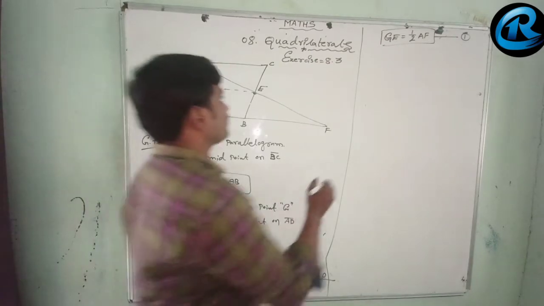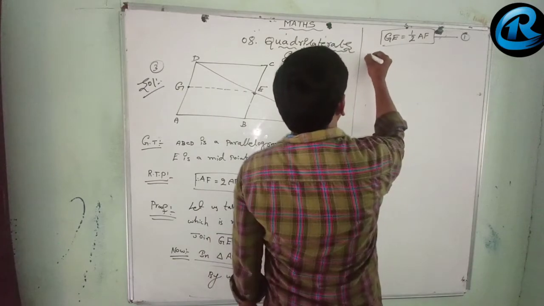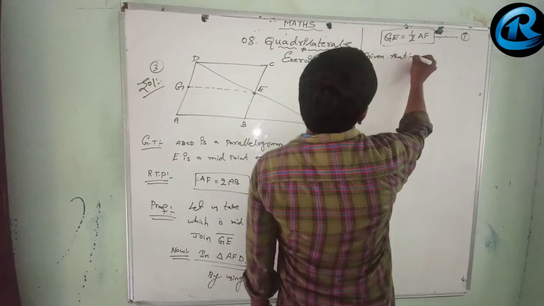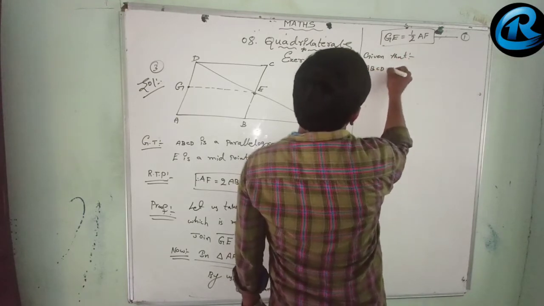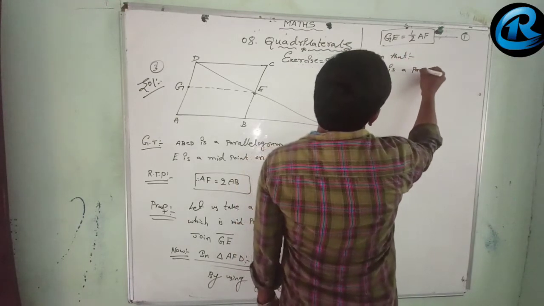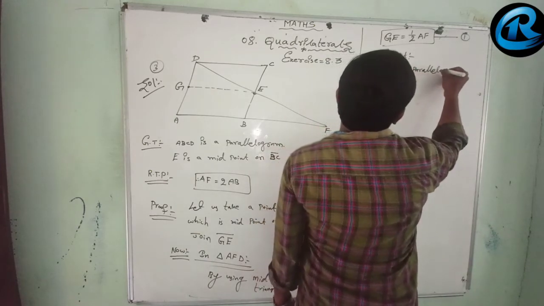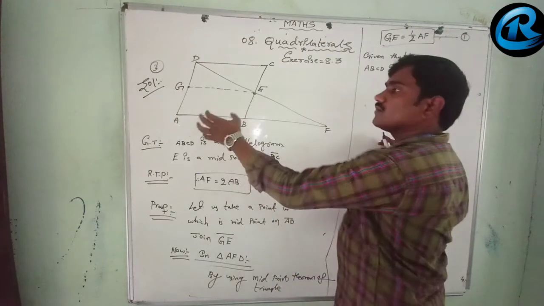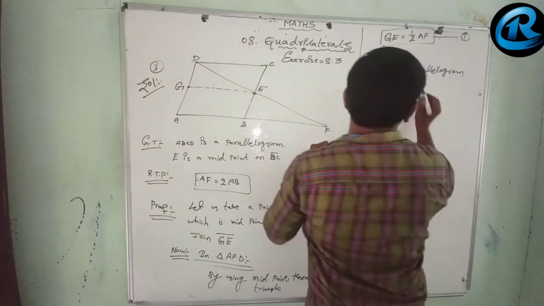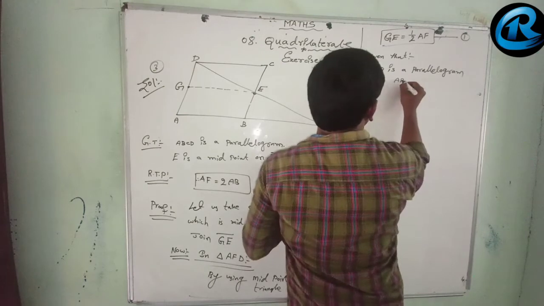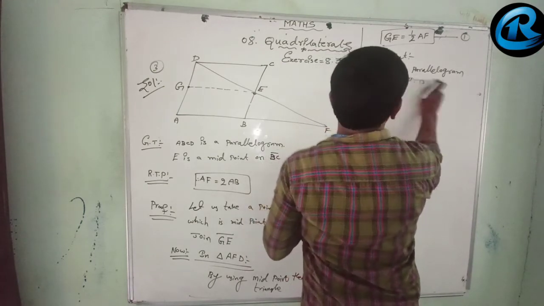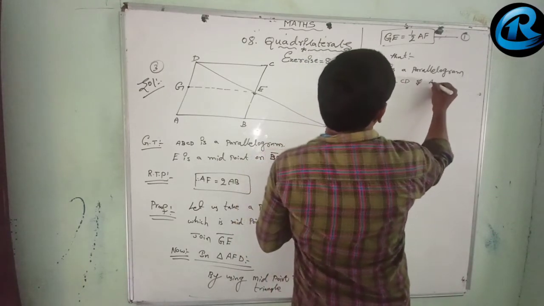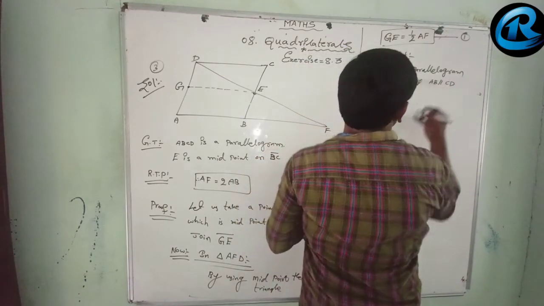In the same way, given that ABCD is a parallelogram. So AB is parallel to CD, AB is equal to CD and AB is parallel to CD.